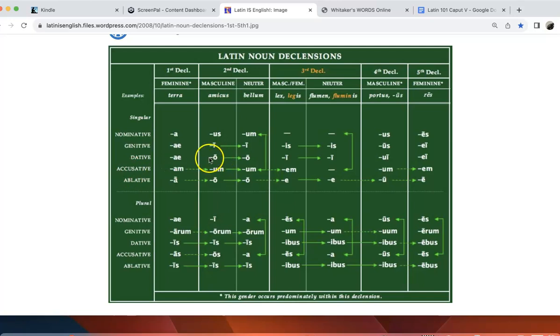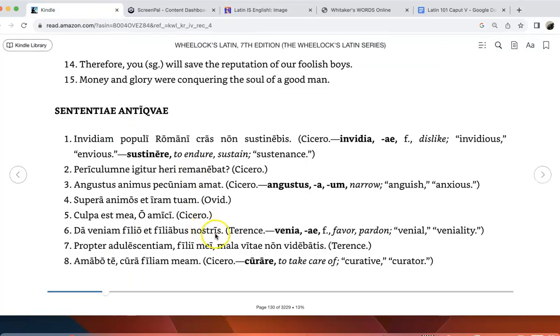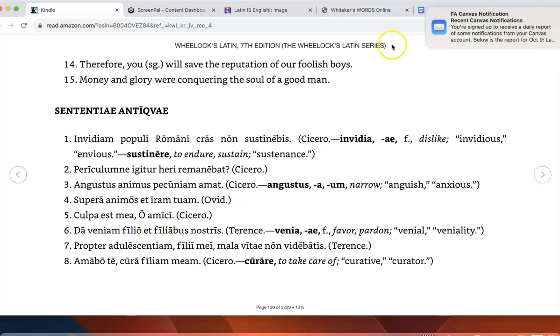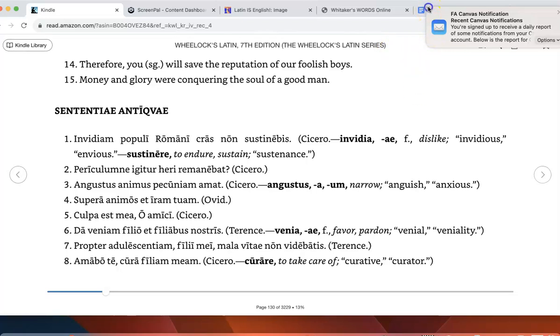So give favor to our son. Now, how do we know it's our? Because nostris means our. So again, if you're not sure, you'll have to look that up in your dictionary or Whitaker's Words. This one's a little bit trickier once again because here we have kind of a unique ending, filiabus.